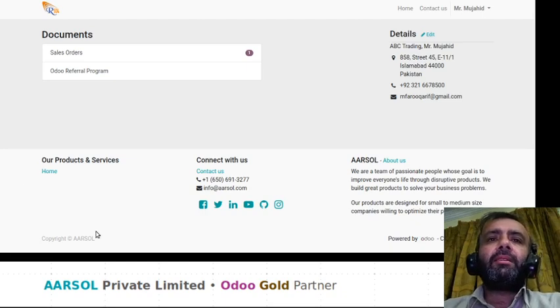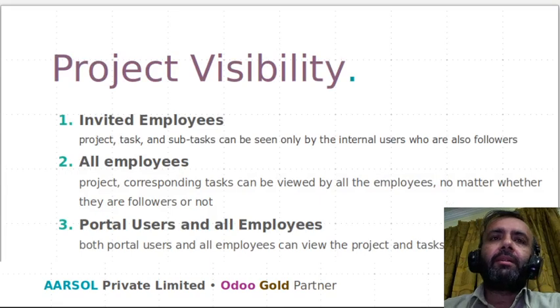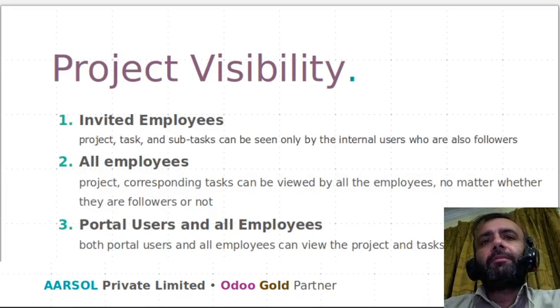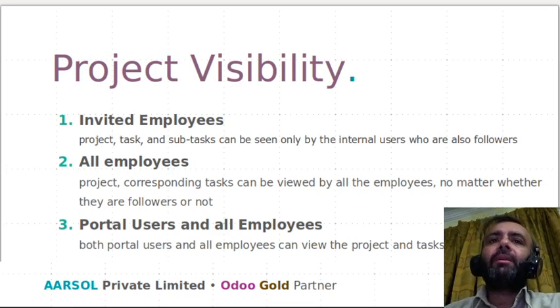Our second setting is, let's say we move to the second setting, that is all employees. If we apply this setting, then the project's corresponding tasks can be viewed by all employees, no matter whether they are followers or not. That means now in this setting there is some relaxation. In the first, invited employees setting, only the followers and the project manager had access to that project.